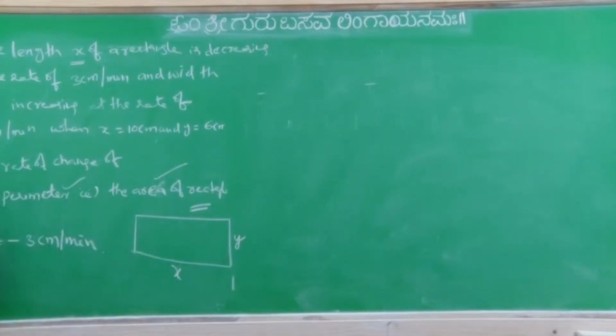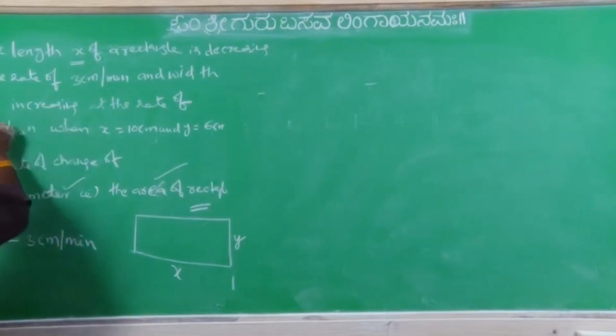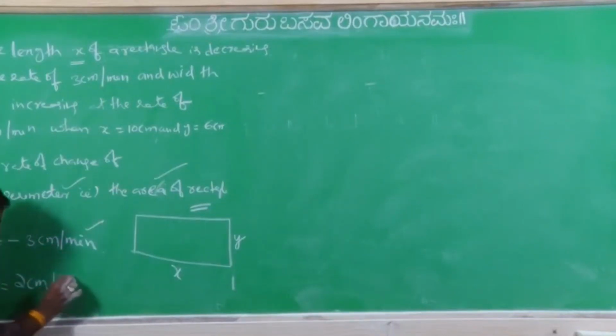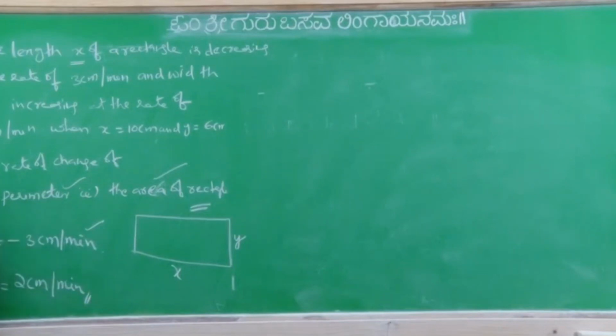Again, y is increasing, meaning dy by dt, with respect to minute, means with respect to time. So dy by dt is 2 centimeter per minute, right?